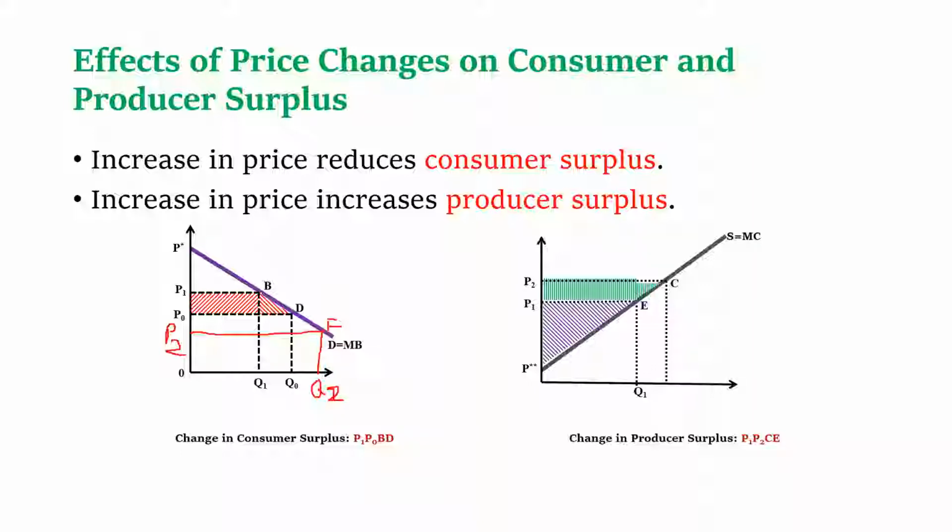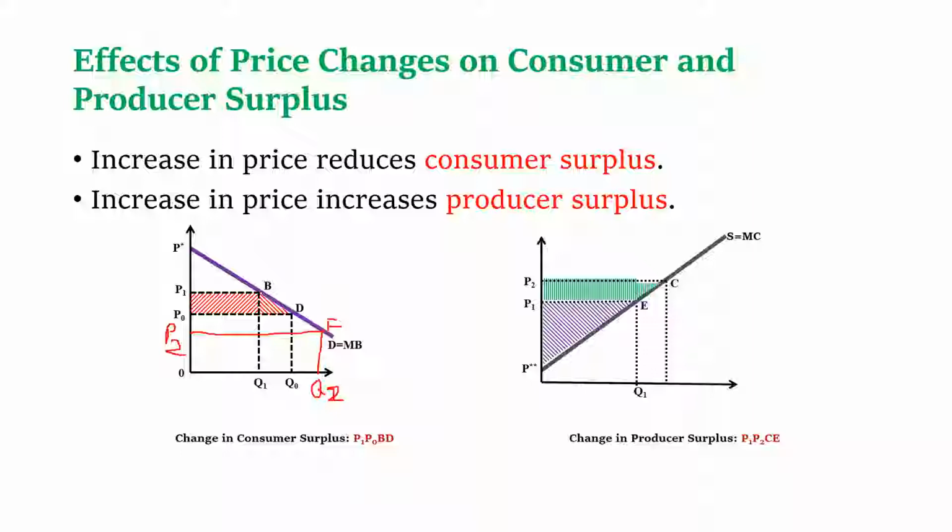The triangle will become bigger as a result of the increase in price. The new producer surplus triangle is going to be P star star, P2, and C. So the change in price has resulted in a change in the producer surplus by P1, P2, C, and E.